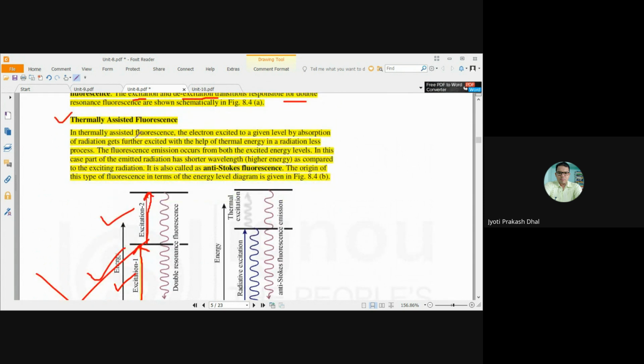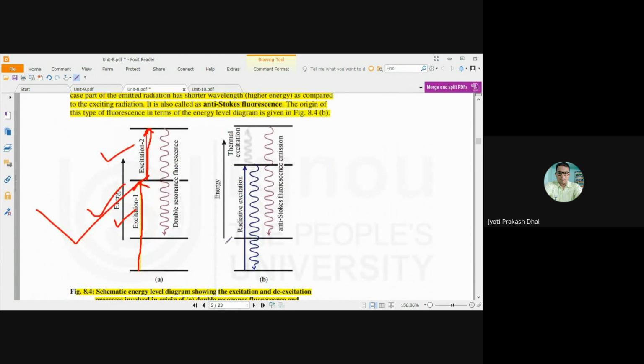In thermally assisted fluorescence, the electron excited to a given level by absorption of radiation gets further excited with the help of thermal energy in a radiationless process. Initially the atom undergoes radiative excitation by absorbing electromagnetic radiation of a particular wavelength.